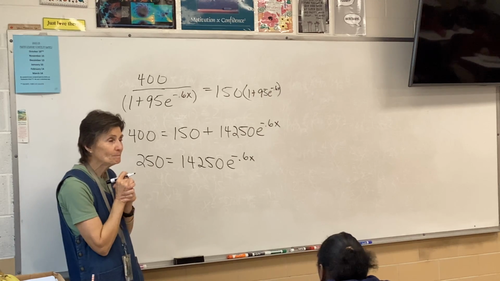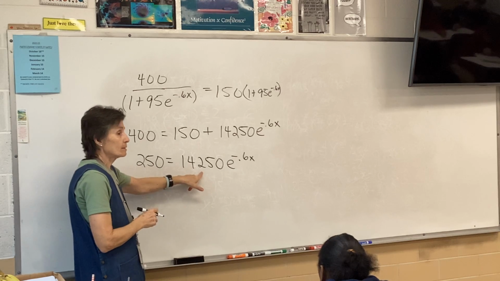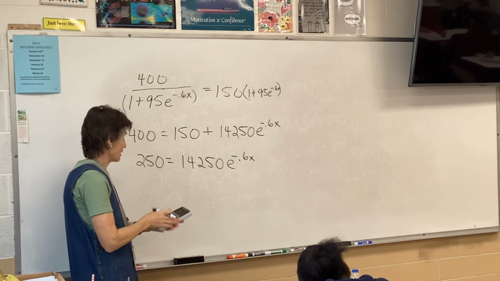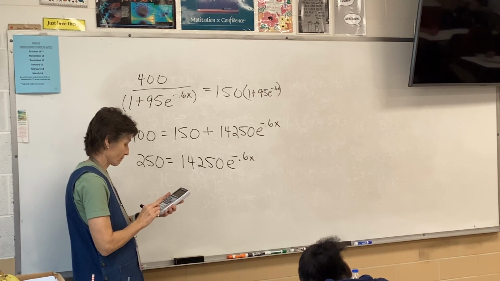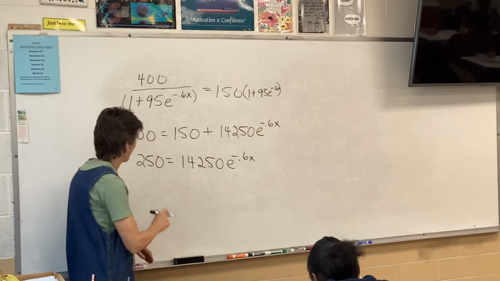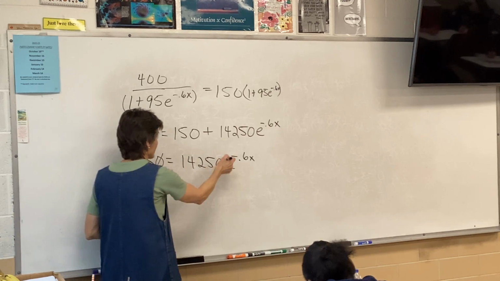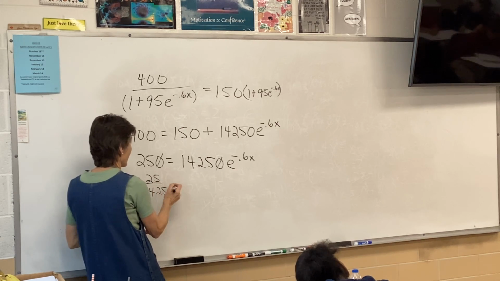What do you think now? Nyla? Divide by this guy? Now, I don't know if it's gonna go in or not, let me check. No, it doesn't. So I don't want to round off, so I'm just going to leave it. I can cross off a 0. I'm just going to leave it 25 over 1425.